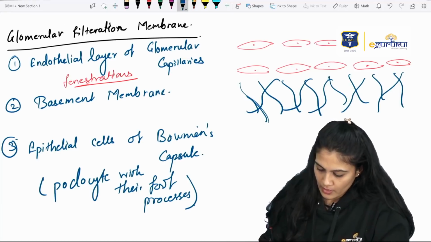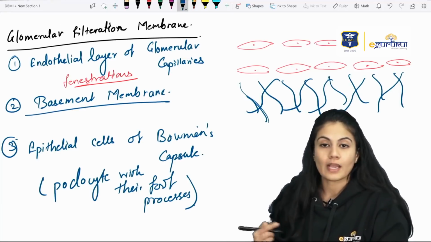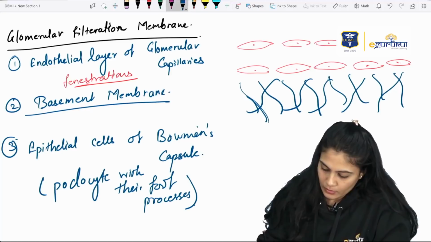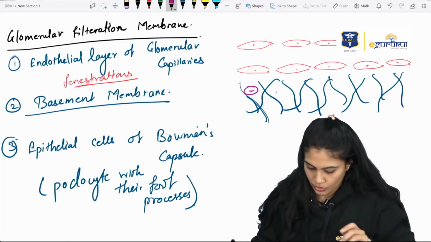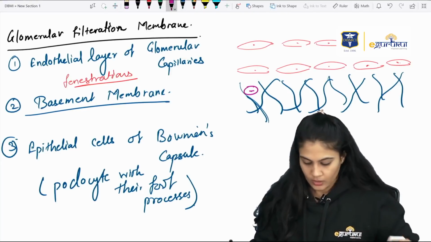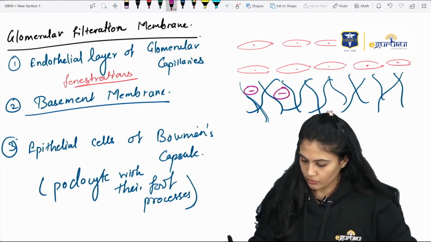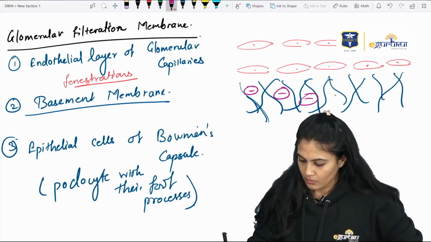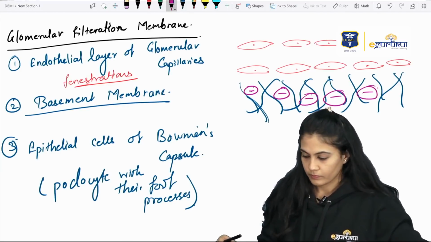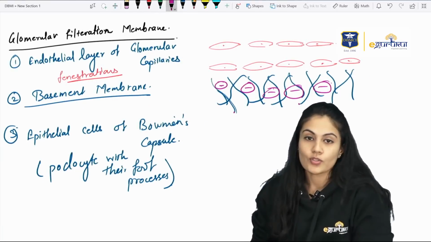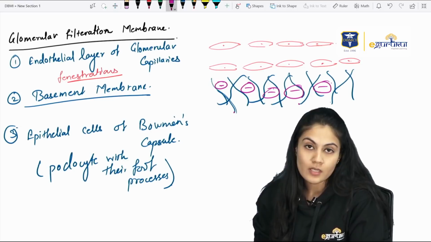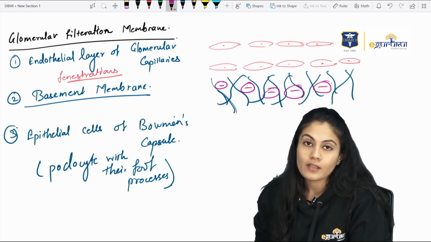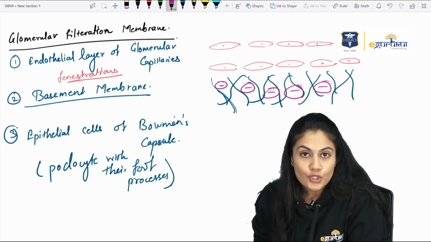Collagen fibers are there, but not only collagen fibers, they also contain specific proteins which are negatively charged, right? The basement membrane contains a protein known as sialoproteins, and remember, they are negatively charged.